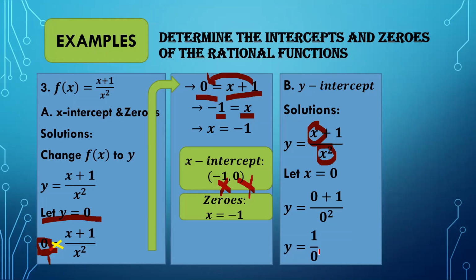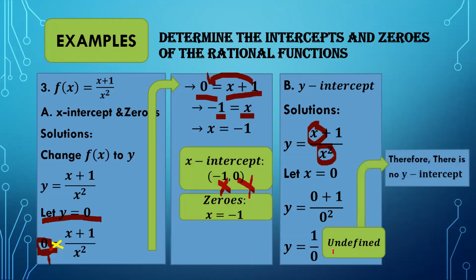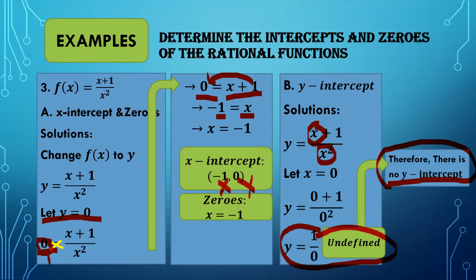So y is equal to 1 over 0, and that is undefined. Any number or expression divided by 0 is undefined. So therefore, since y here is undefined, there is no y-intercept. It is because the value here is undefined.